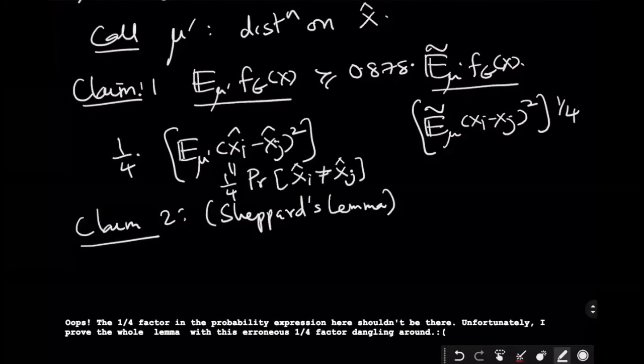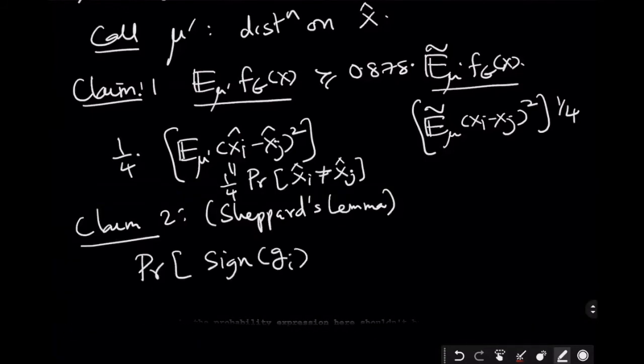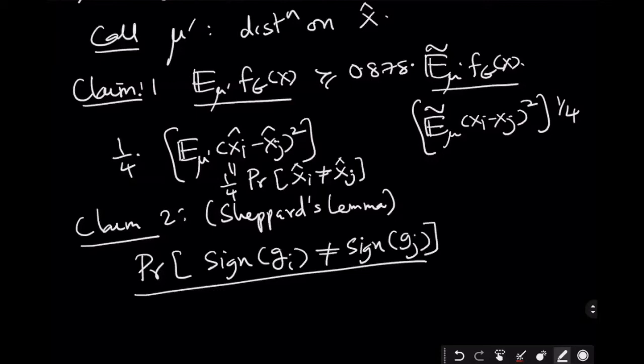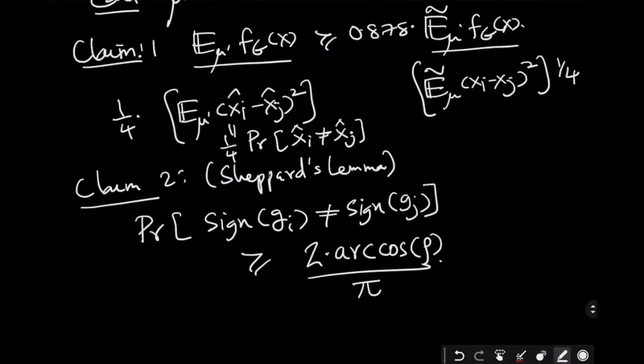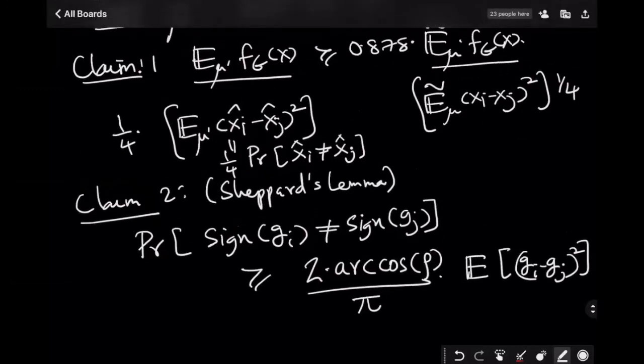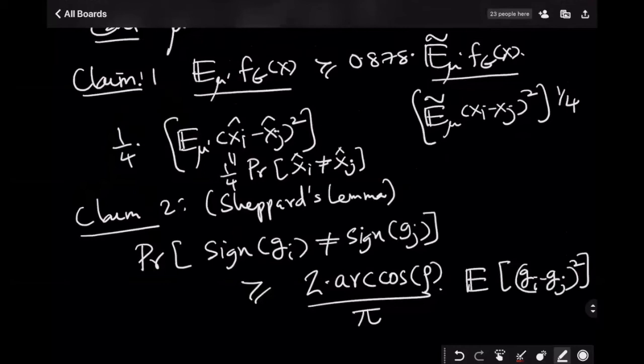So remember, x hat was the sign of the Gaussian vector g. So Shepard's lemma is going to say that the probability that the sign of Gaussian g_i is unequal to the sign of Gaussian g_j is bigger than or equal to arccos rho over pi times the expectation of (g_i minus g_j) squared.